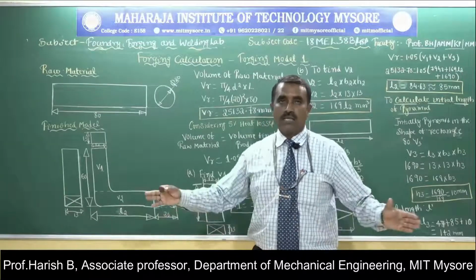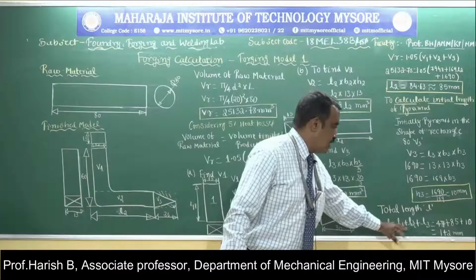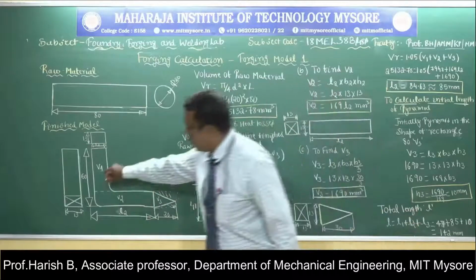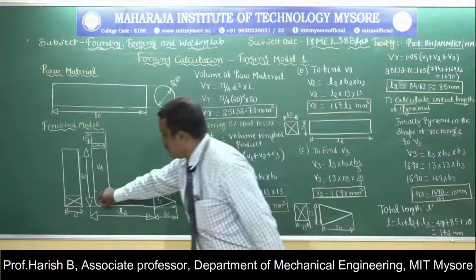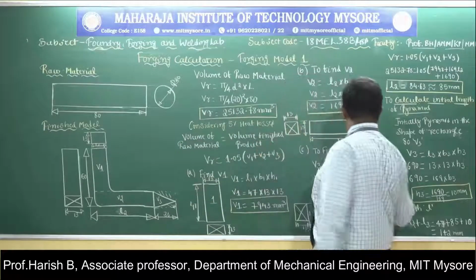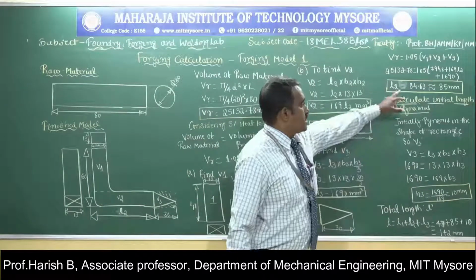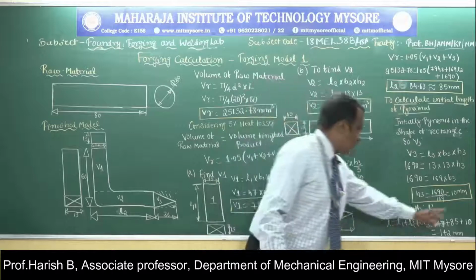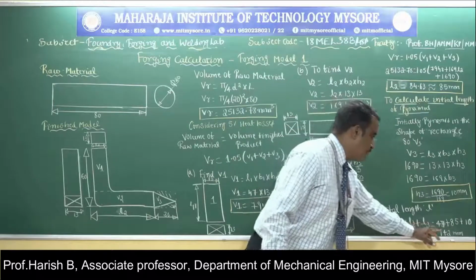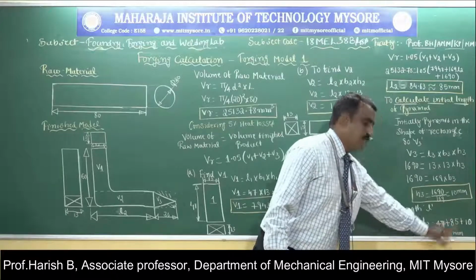So total length L will be equal to L1 plus L2 plus L3. L1 I already know, 60 minus 13, that is 47. L2 I got from the calculation as 85. Then L3 I got as 10. So the total length will be 142 mm.